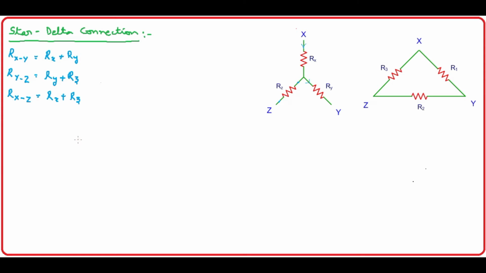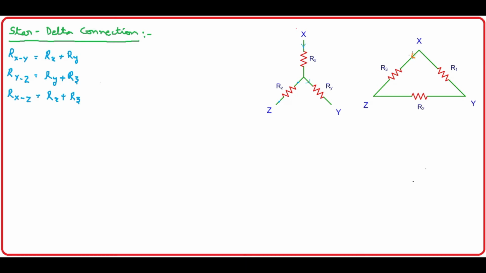Now what will happen if the same thing happens to delta connection? Same in between X and Y, if supply has been given, how will it be moving? If I have given supply to X, first it will be converted into one loop.